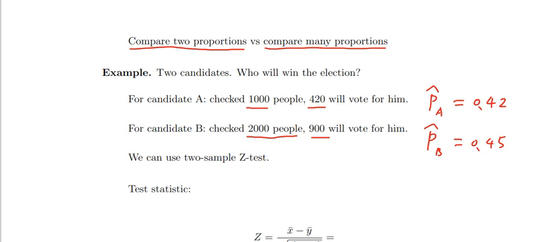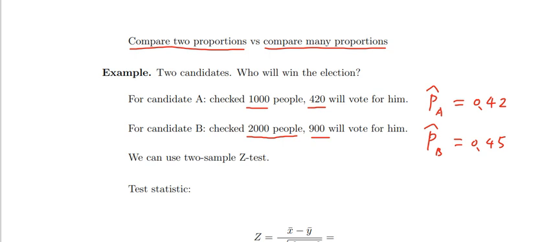So from the data, we find they have some difference, a 3% difference. So the question is, is the 3% difference significant, big enough, that we can say B will win the election?